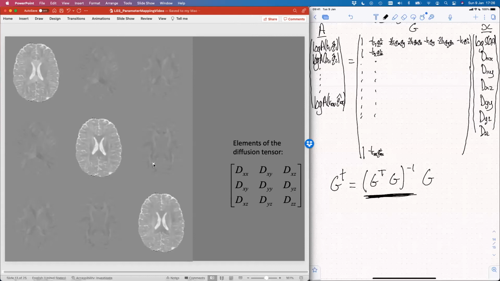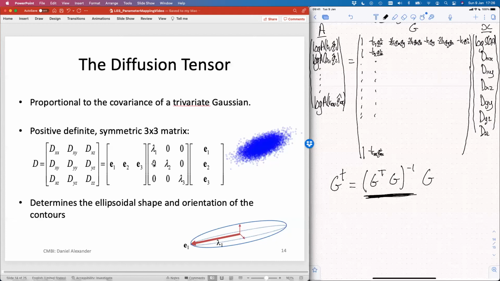So the diffusion tensor itself isn't a particularly useful object in its own right. And what we tend to do is to derive various quantities from it that are a little bit more meaningful.